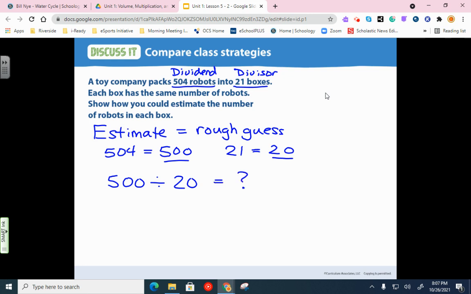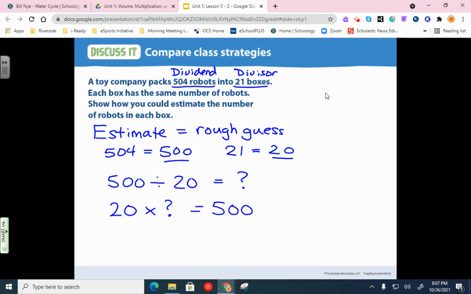As we talked about before in a previous lesson, multiplication and division are called inverse operations, which means they can undo each other and they work well together. So we can change this division problem into a multiplication problem. So let's change this into 20 times something should give me 500.